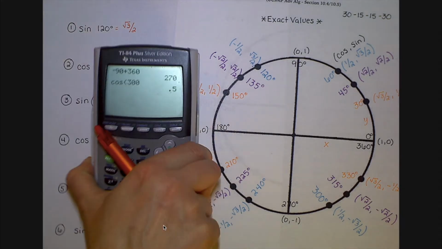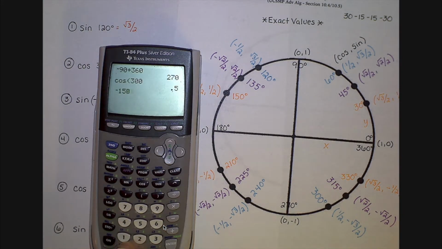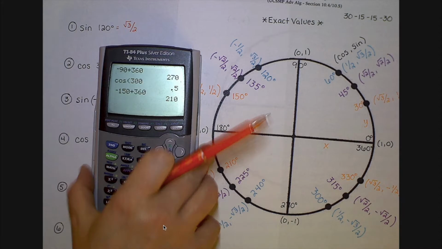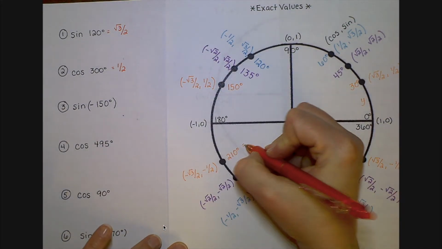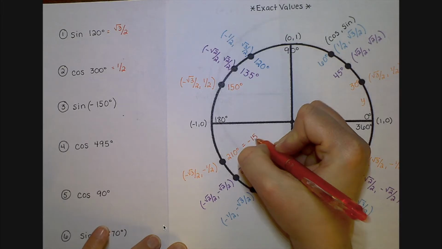So I'm going to take that negative 150 and add 360. You can add and subtract 360 all day long with these problems, because you're always landing back on the same spot. So we get 210. That means 210 degrees is equivalent to negative 150 degrees.